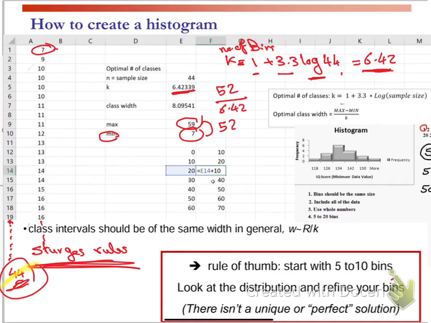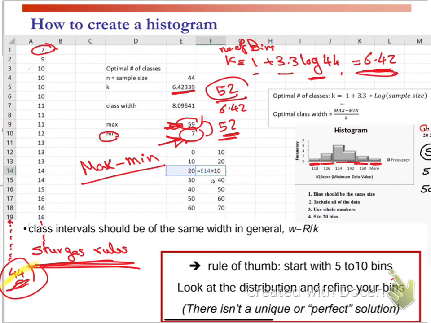So each bin width or class width should be the range, maximum minus minimum, which is 59 minus 7, giving us the range of 52, divided by the number of bins. Theoretically, as per Sturges' rule, it is 6.42.